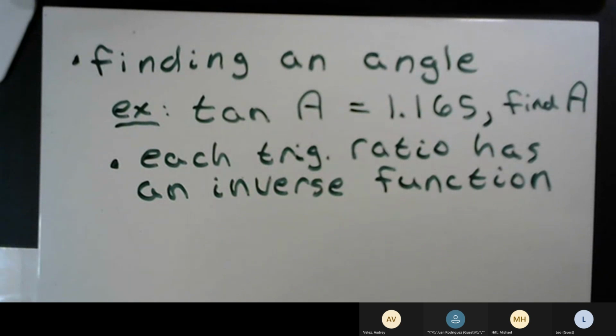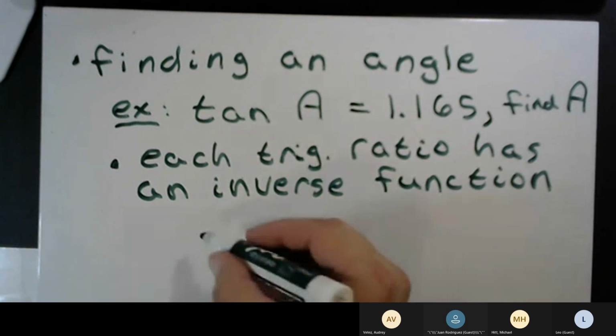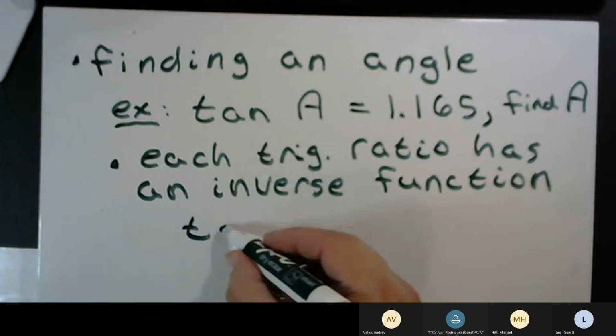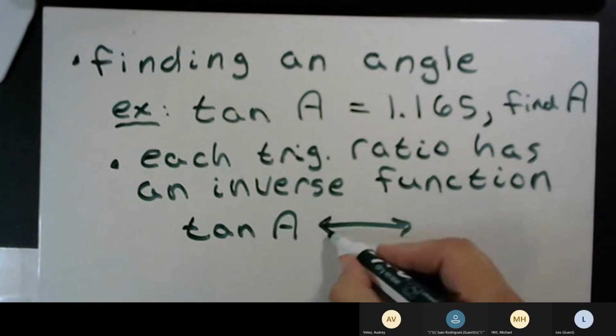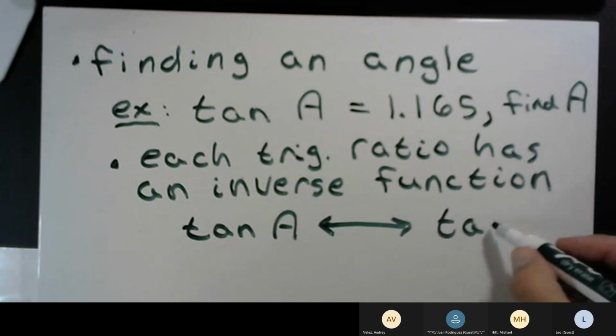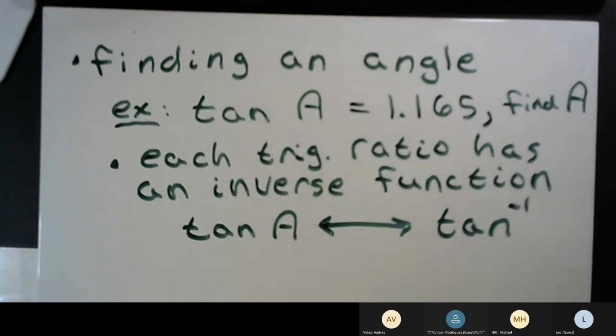So what this means, if there's a tangent of A, there's a tan inverse. And that's what this means.